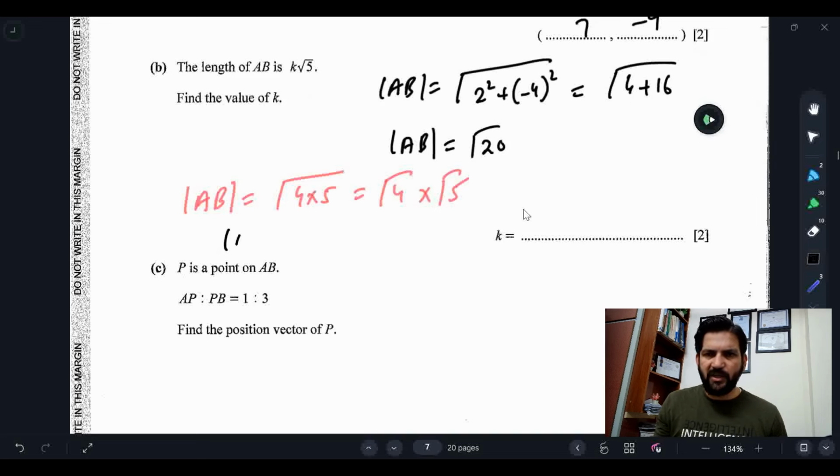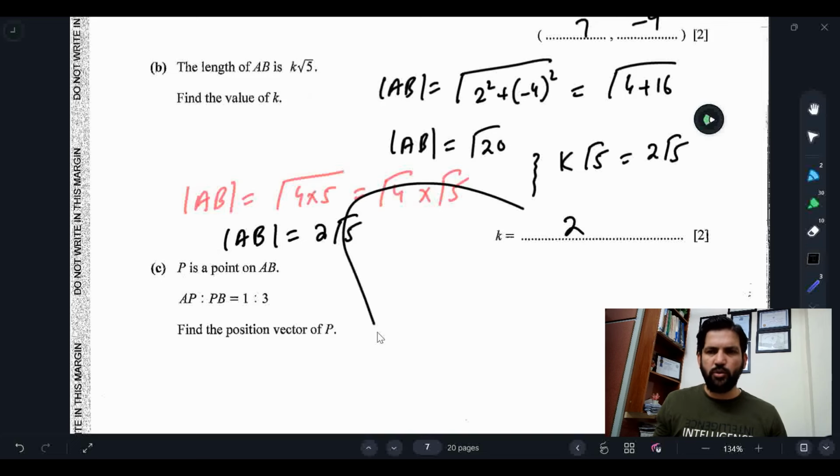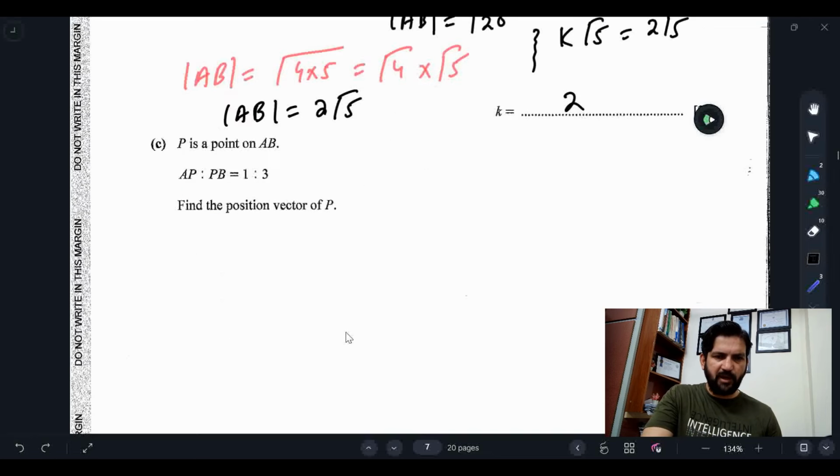Finally, the magnitude of AB will be equal to 2 times the square root of 5. And hence we can say that k square root of 5 will be equal to 2 square root of 5. If we compare these two, k will be equal to 2. Let's move to part C.